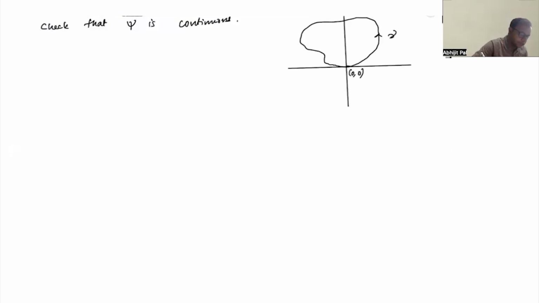Now let us take any point on this gamma. So let us take this point here, and let us take another point.